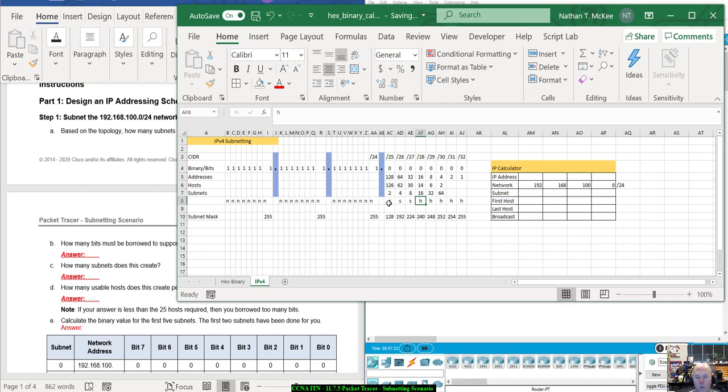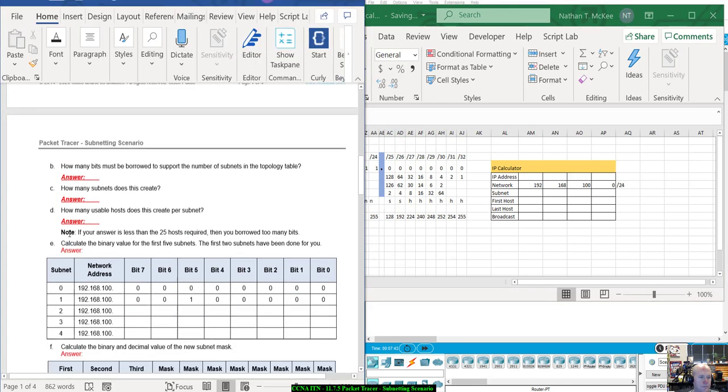To get 4 subnets, you could technically borrow 2 bits, because this could be a 0 or 1, and this could be a 0 or 1. So you could just do a /26.